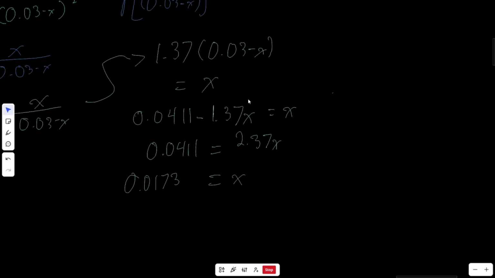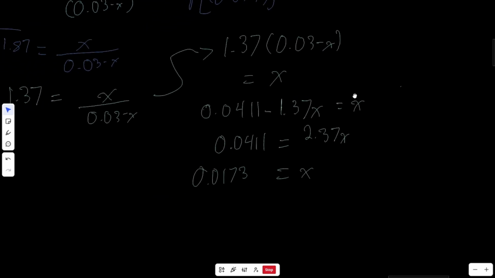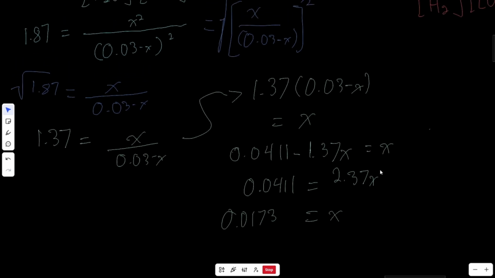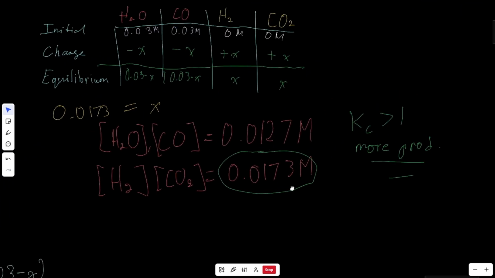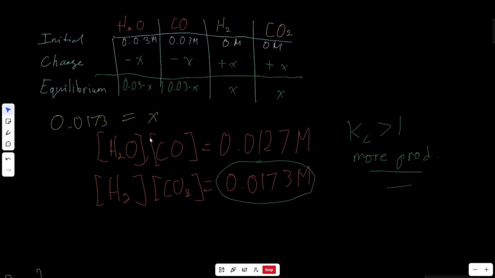Now, I actually recorded a part of this already because I thought that the recording software was working, but it seemed to malfunction, so I now have a completed ice table here. So now let's just analyze it. Since we know that the change, or x here, is equal to 0.0173, we can calculate our equilibrium concentrations by substituting x, right?